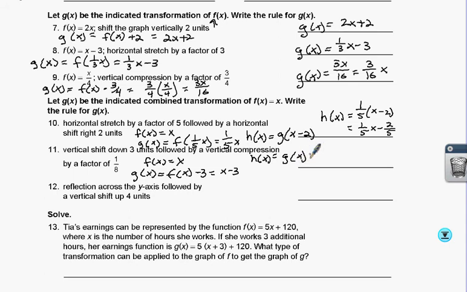So by a factor of 1/8, so I'm timesing that by 1/8. So I have 1/8 times x minus 3, which is equal to 1/8 x minus 3/8. So my g of x in this case, or h of x, excuse me, my h of x is equal to 1/8 x minus 3/8.